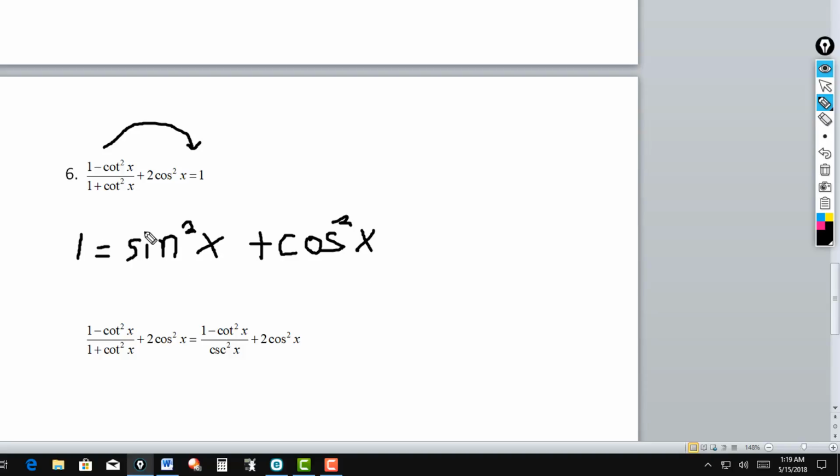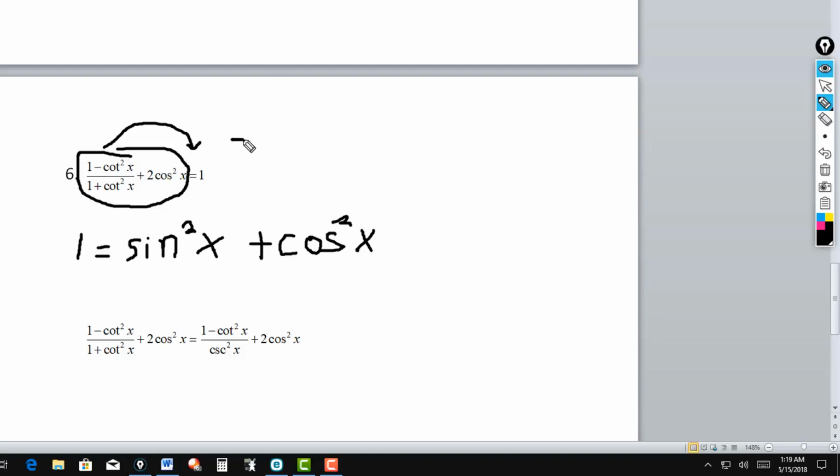And the order doesn't matter here. I can say cosine squared of x plus sine squared of x is equal to 1. Okay, so we get this. Now my objective is to get this. I got a cosine squared here, but I know I have to have 2 cosine squared.